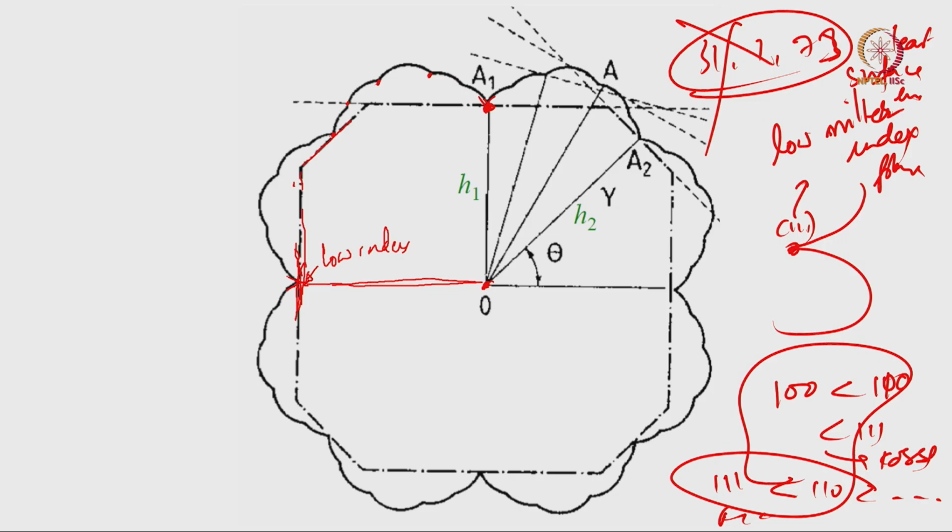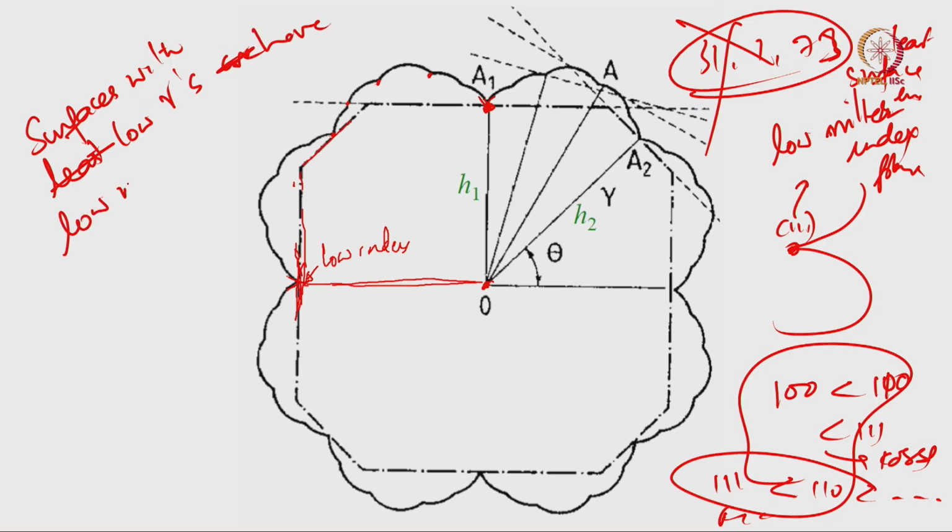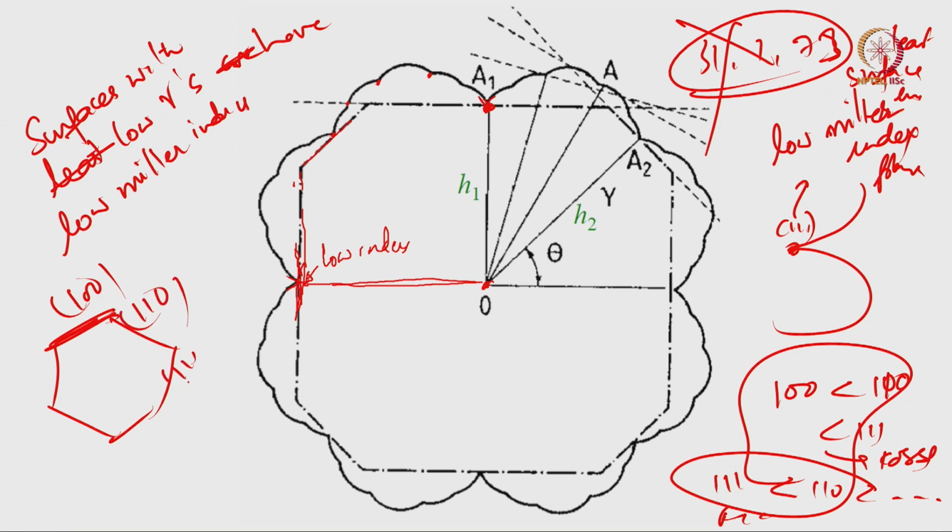So typically, surfaces with low surface energies, gammas, also have low Miller indices. That is why whatever crystal you see, these crystals are typically terminated by 1 0 0 or 1 1 0 or 1 1 1 and so on and so forth.